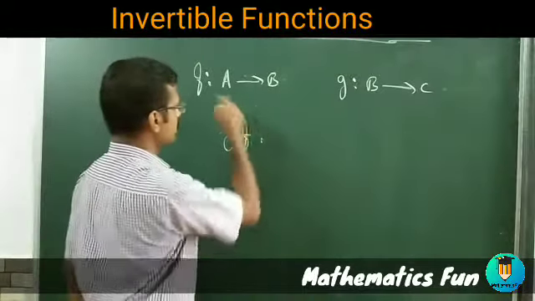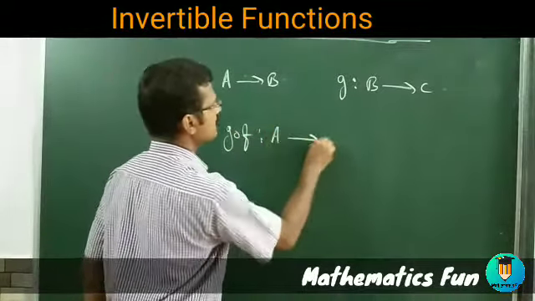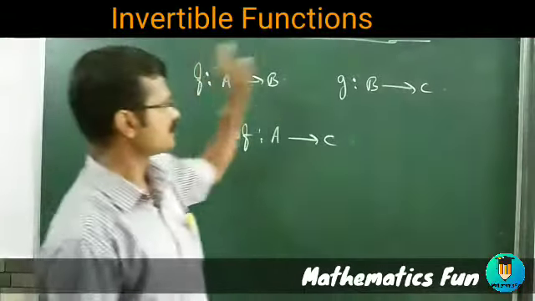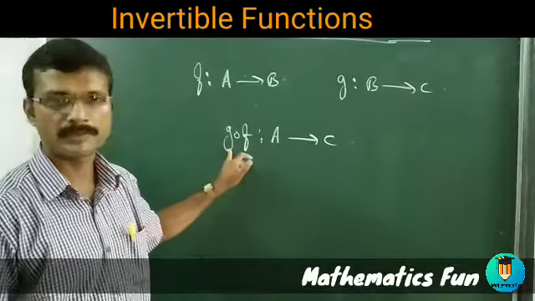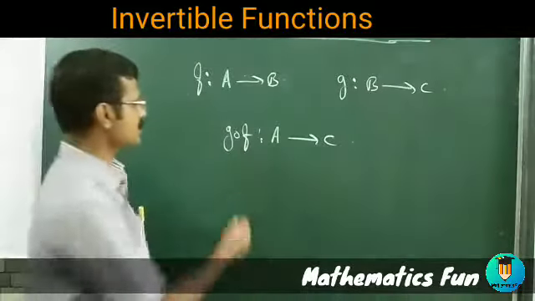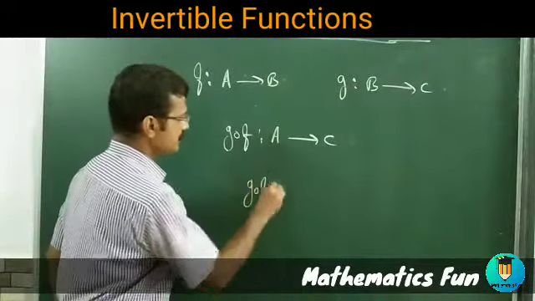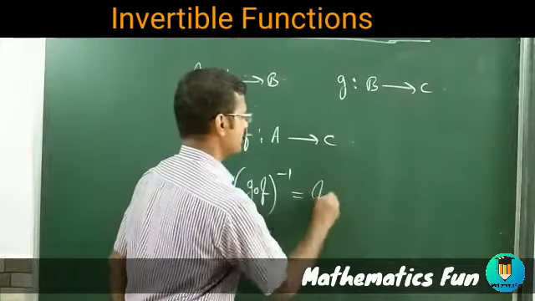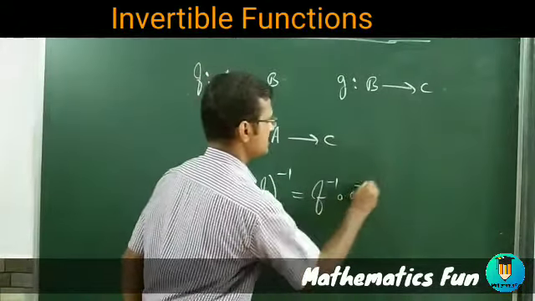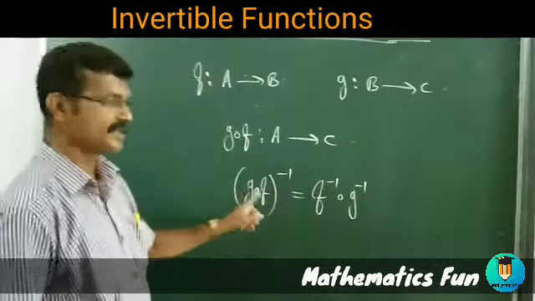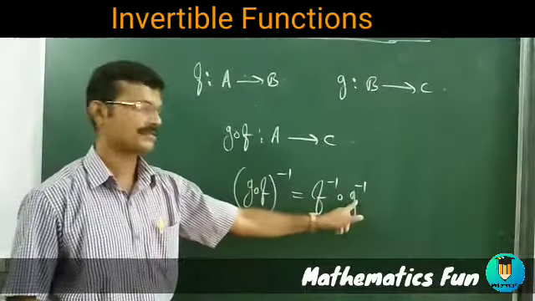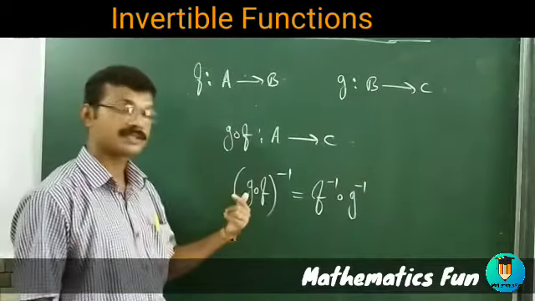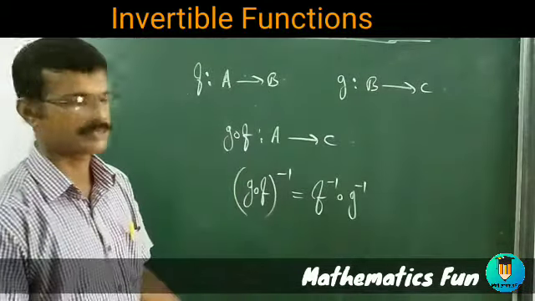G of f is from a to c, and this will also be bijective. And one more result regarding inverse: g of f whole inverse is equal to f inverse of g inverse. See, it is interchanging. This result also you have to remember. That is, we can say it is just like a reversal law of inverse.